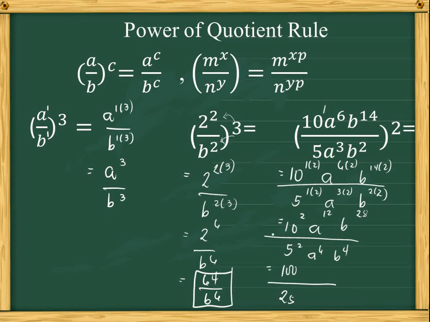Now, nag-divide tayo, and same bases sila. Gagawin, copy the base, minus the exponent. 12 minus 6, b raised to 28 minus 4. Simplifying this one, so the final answer here is 4, a raised to 6 power, b raised to 24 power.